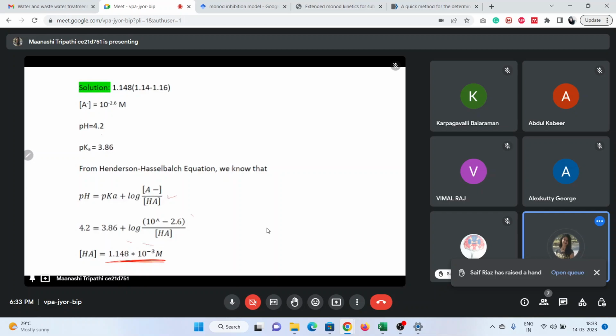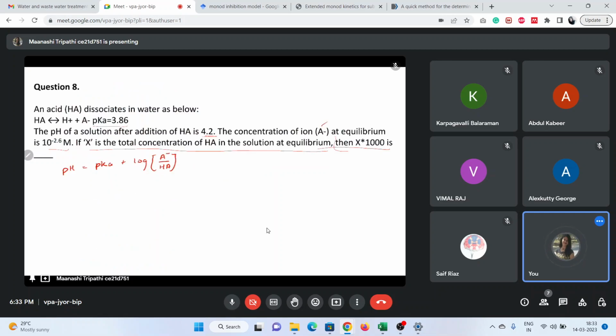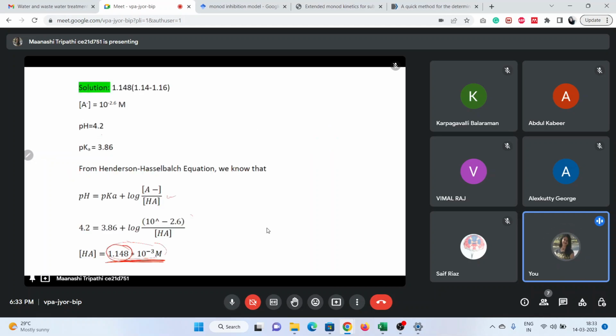For these types of numerical values, everyone will not write in the same format. Some people can write 0.00148, so it may create some confusion. That is why this is the best way to write such answers. Just multiply it by some bigger number so that you get an absolute value. It will make the task easier.